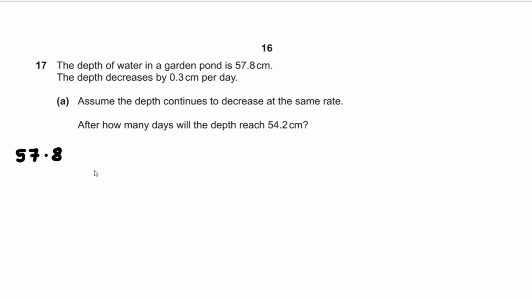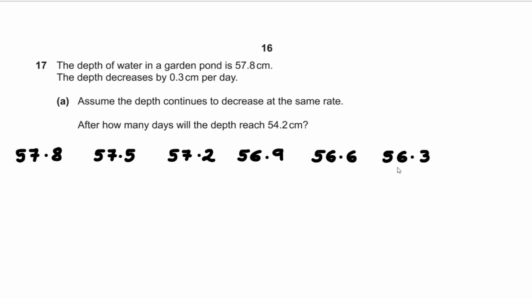So subtracting 0.3 we get 57.5. Subtract another 0.3 we get 57.2. Subtract another 0.3 we get 56.9. Subtract another 0.3 we get 56.6. Subtract another 0.3 we get 56.3. Subtract another 0.3 we get 56.